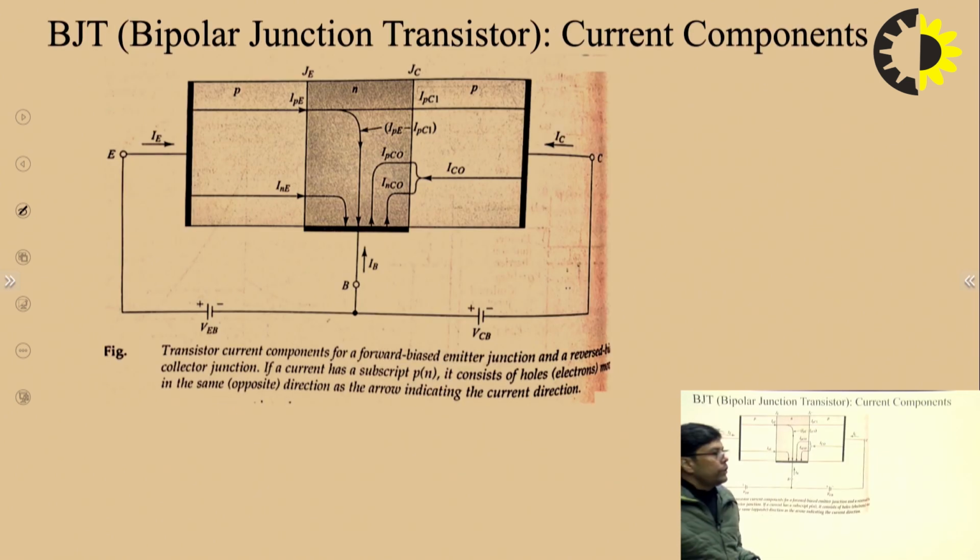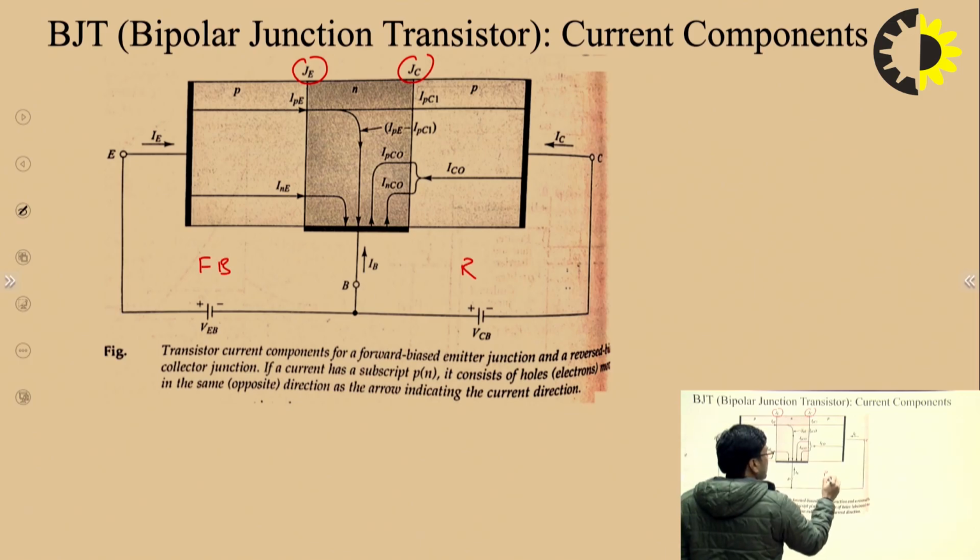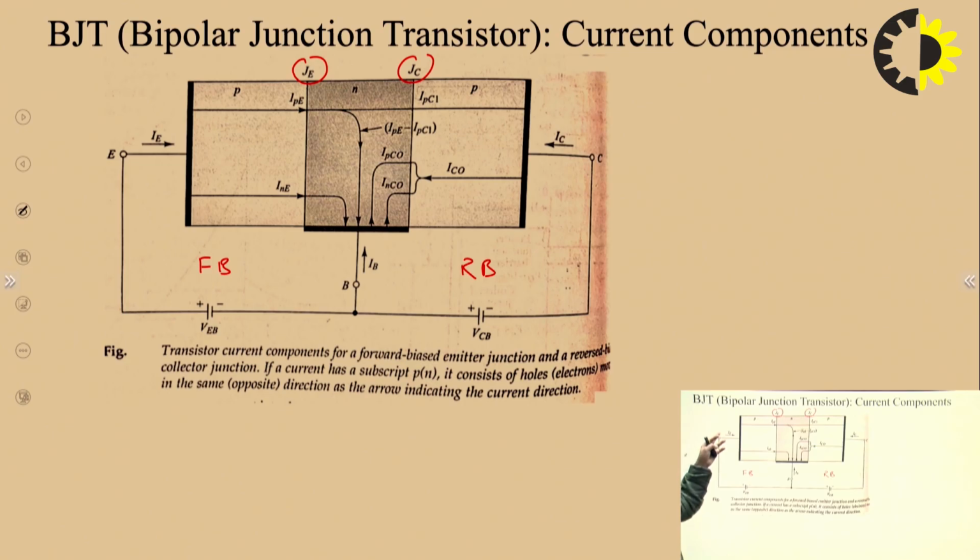Now we need to understand how many current components there are in the BJT. So this configuration again we are talking about in the active region. This is the emitter junction and the collector junction. The emitter junction is connected in forward bias and the collector junction is in reverse bias. So here you can see the emitter current, base current and collector current.